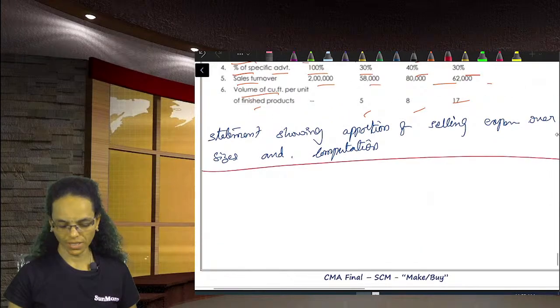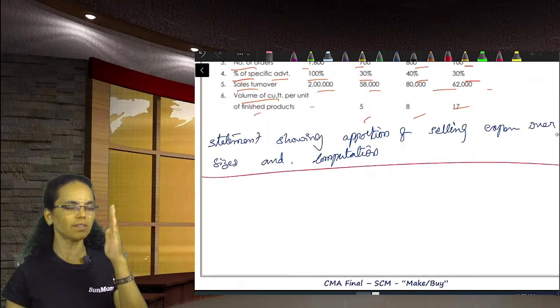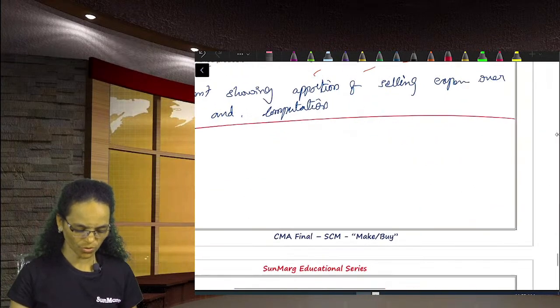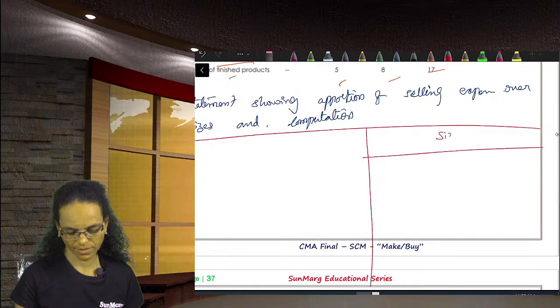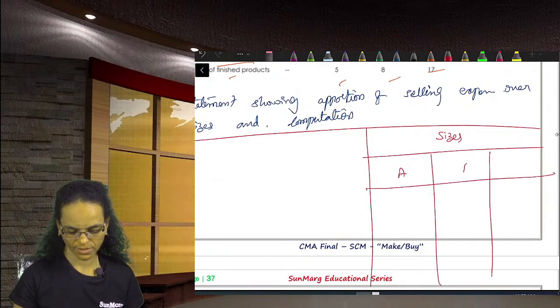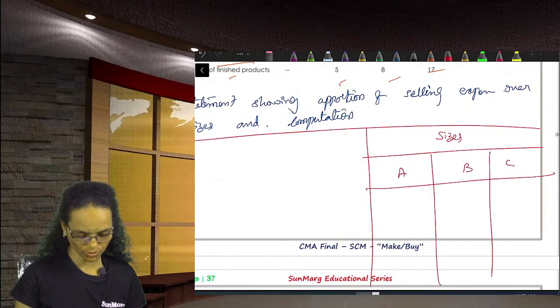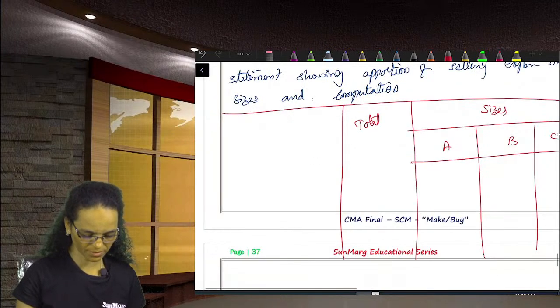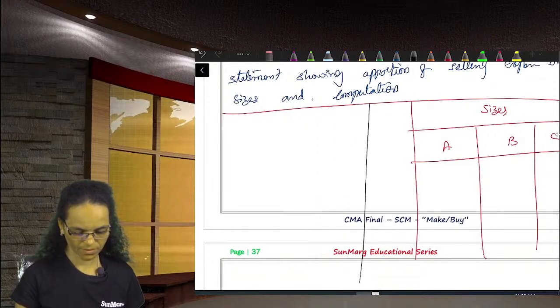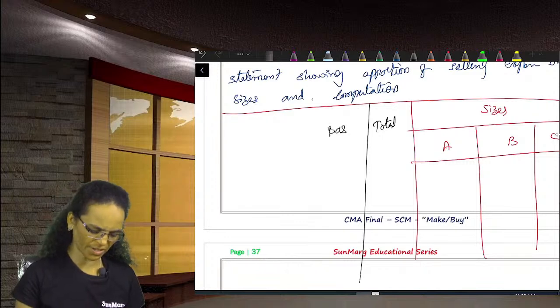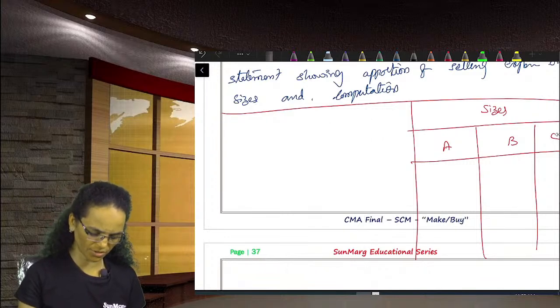See how many departments are there, sizes 1, 2, 3. So sizes A, B, C, three sizes, and the total amount, and on what basis. You can write the basis in a single line also.